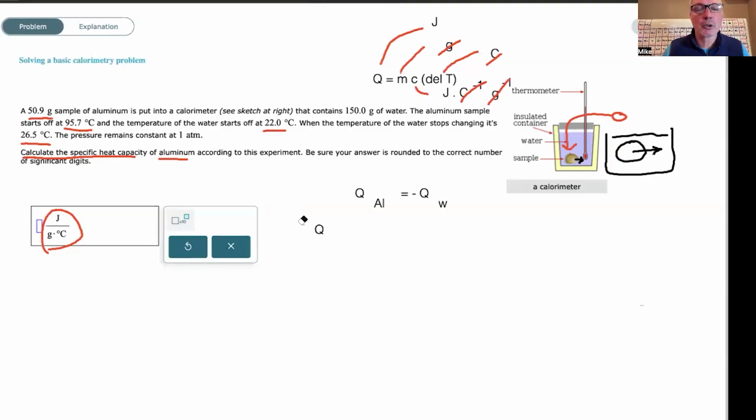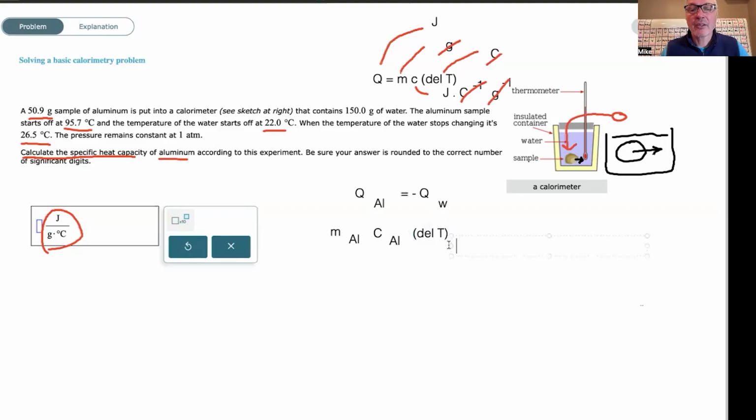not Q, but Q aluminum is equal to m aluminum, lowercase m, times C aluminum times delta T aluminum.